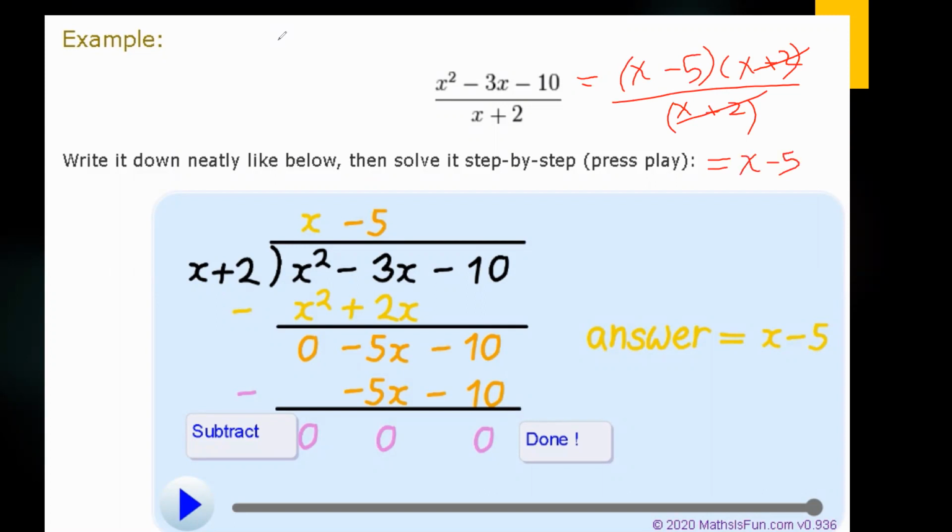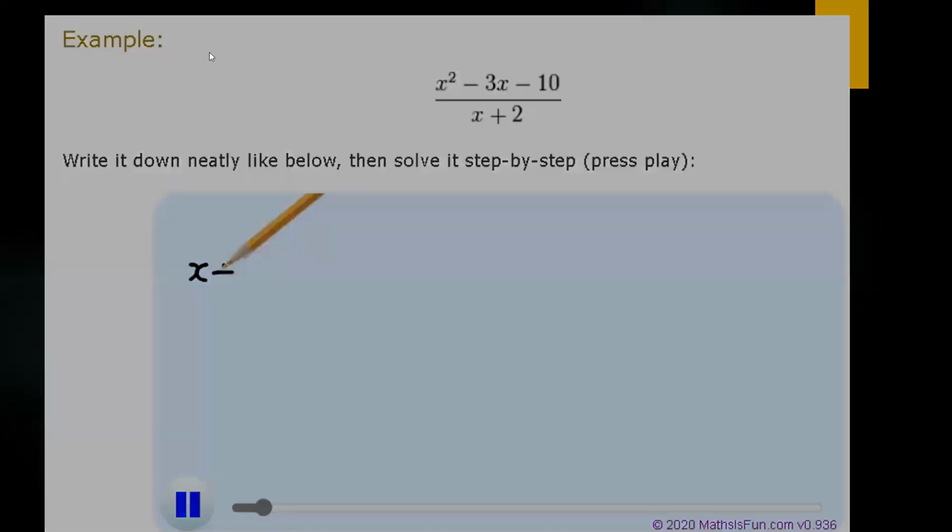So in some cases, if you have a polynomial over a monomial, you can simplify them and get the answer, or you can divide them by long division. But in some cases, like this example here, if you try to simplify them, you will see that you cannot.